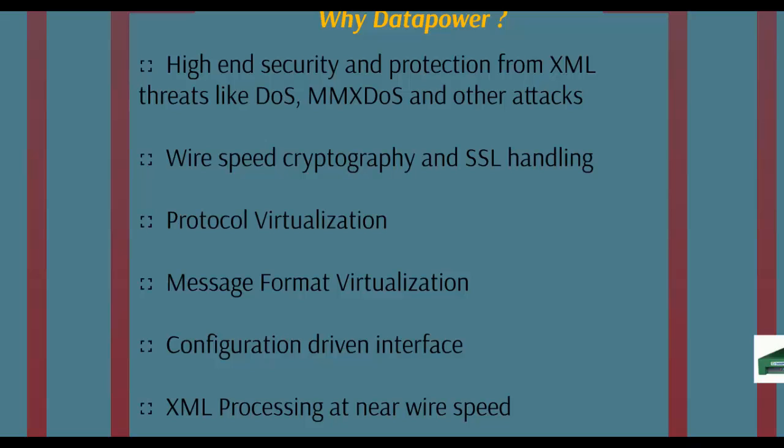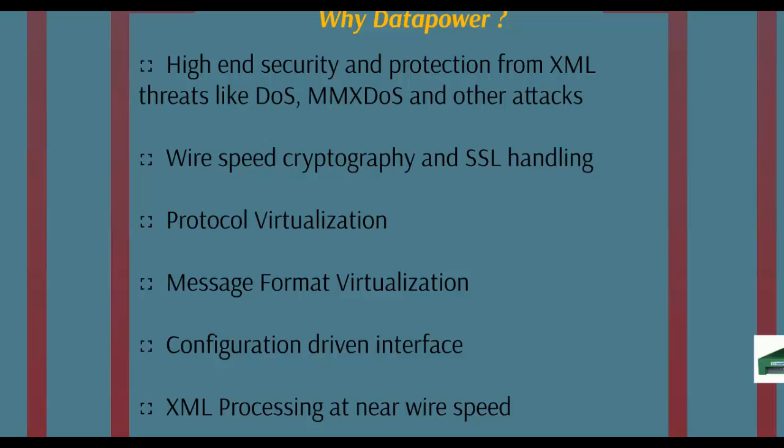And last but not least is XML processing at near wire speed. As I said, DataPower is at its core an XML processing engine, and that's how it first appeared in the market. So when I talk about the DataPower family, you will see that the first product that was in the market by the name DataPower is at its core a highly efficient XML processing engine, and that transforms or processes XML at near wire speed.